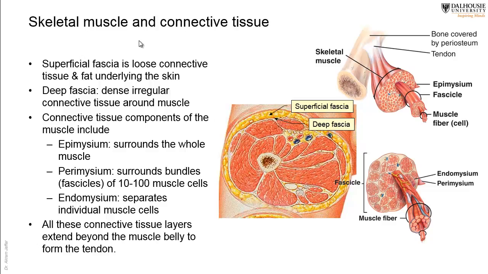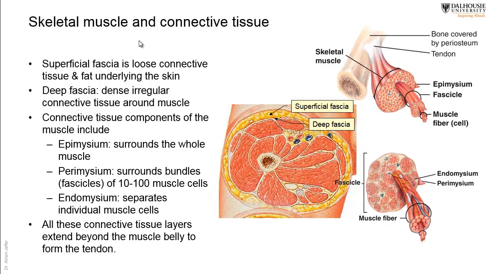And the muscle as a whole, as you can see here, this is a cross-section of the thigh, for example, and you can see the muscles, these are groups of muscles. So the muscle as a whole is surrounded by connective tissue, which is dense, irregular connective tissue. We call it epimysium. And then each muscle consists of fascicles of muscle fibers or muscle cells. So this is a muscle fiber, muscle fiber, muscle fiber, or cells.